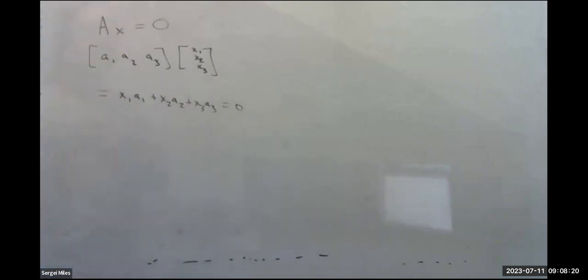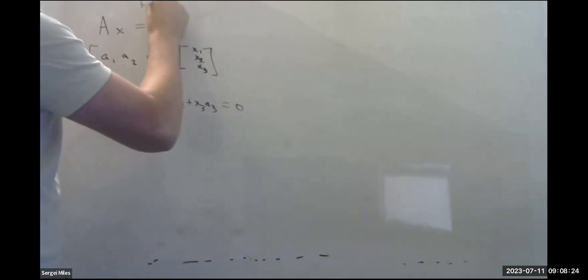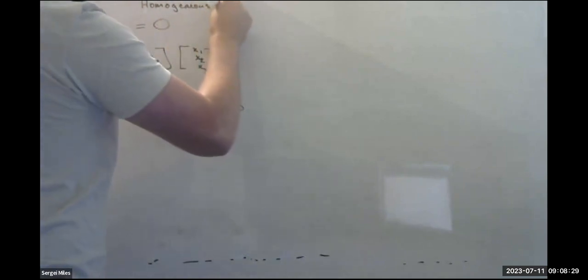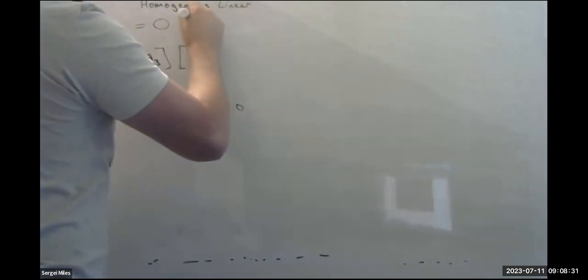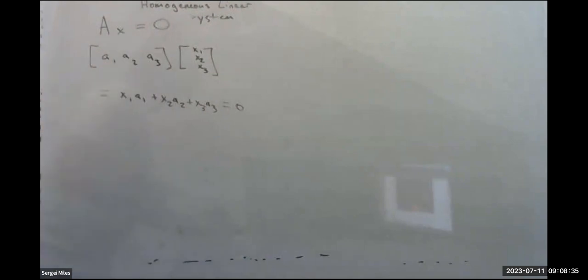And in the homogeneous case, this is set equal to 0. This is the homogeneous linear system. Right, so nothing new here. I just want to refresh this because this is going to be super important and relevant for today's lecture.